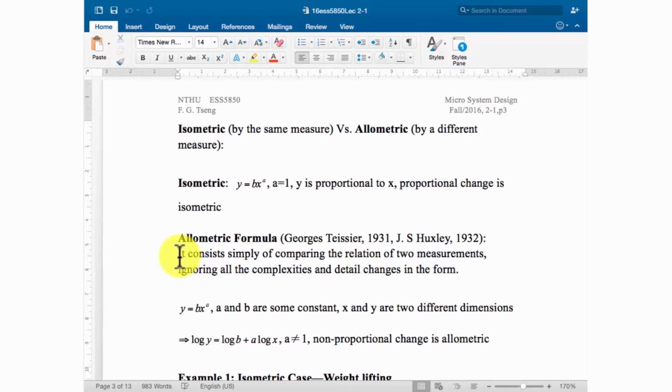When you look into different species, different animals, different plants, you find that we actually have an isometric system inside the same species. For example, with humans, we have a taller human and a shorter human, but they look similar, right? The ratio looks similar. But if you compare different species, for example an ant compared to a human, you find the ant's structure very curious, very odd, very interesting.